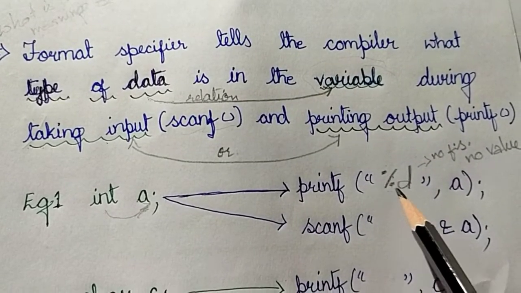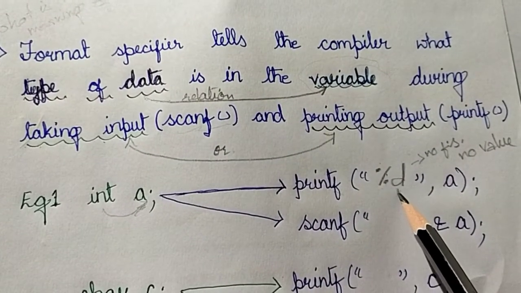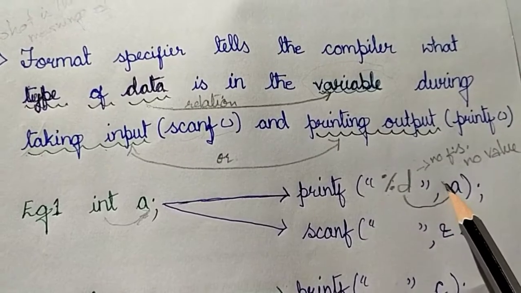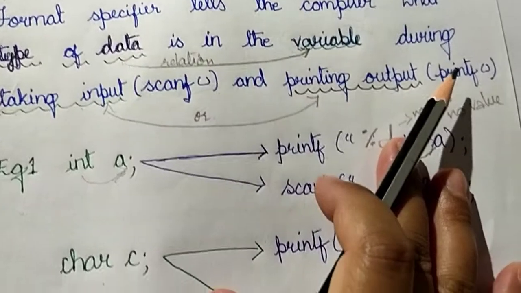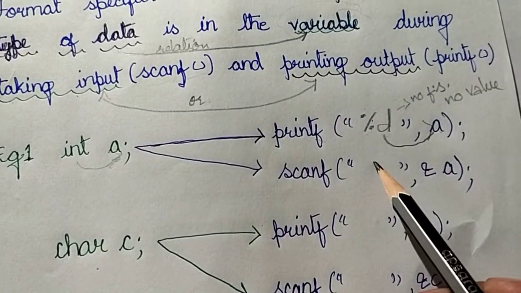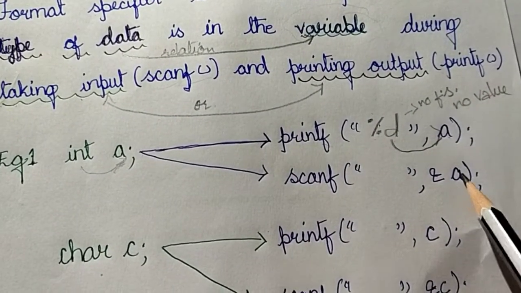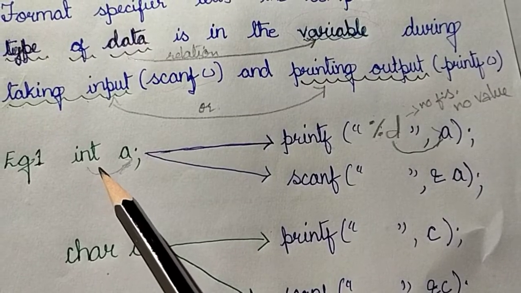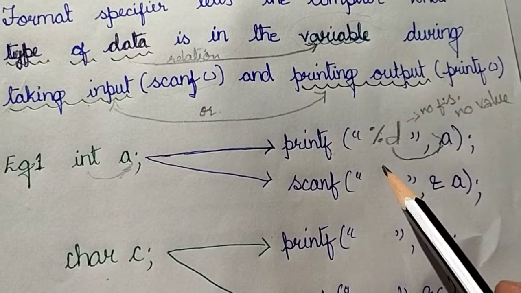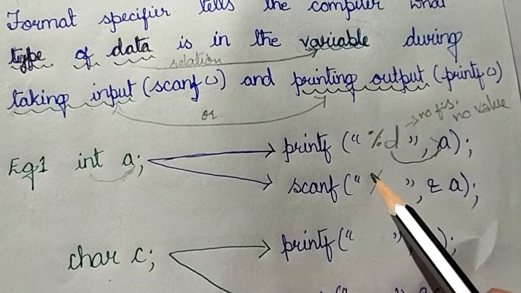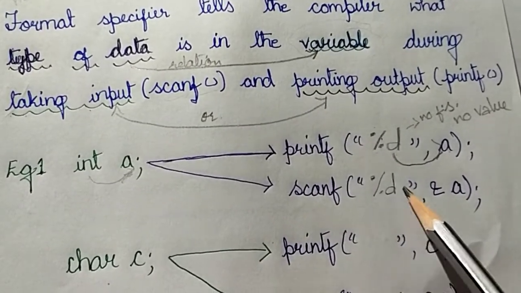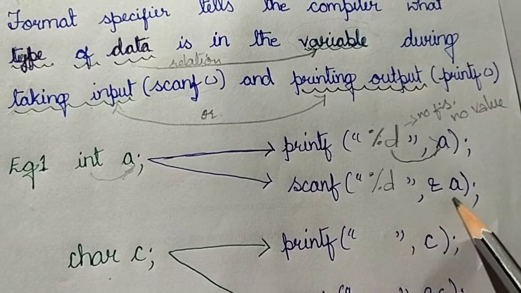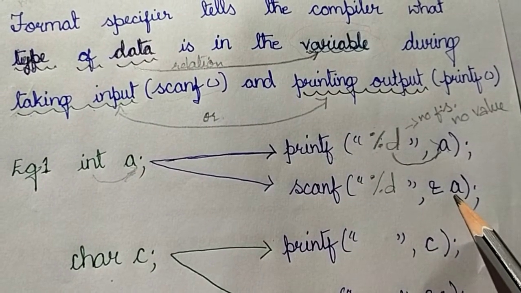The moment you use %d, that means you specify that the data inside this variable a is integer data. Same thing when you want to input the data in a: you want to input integer data, therefore you have to specify the format specifier %d, so that you can fetch the data from the keyboard.